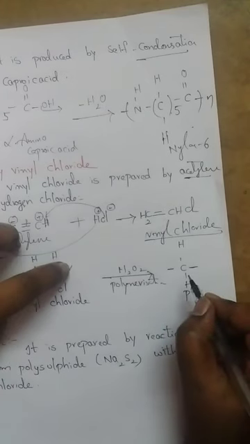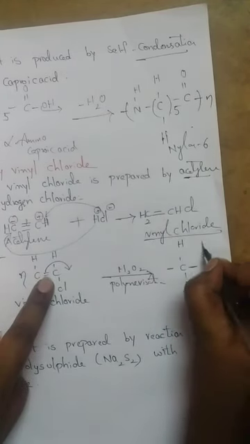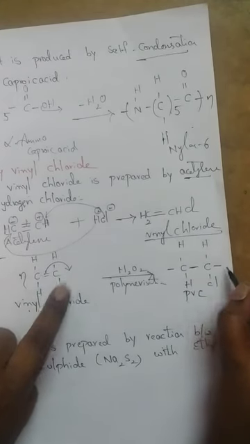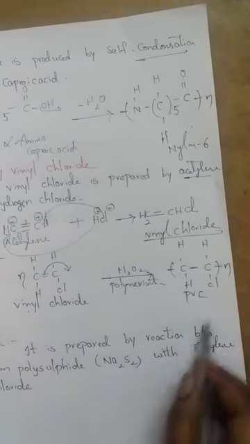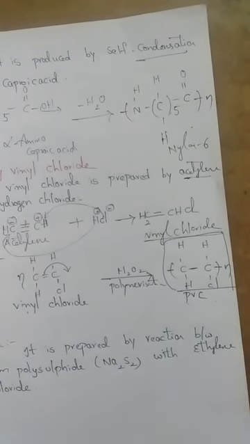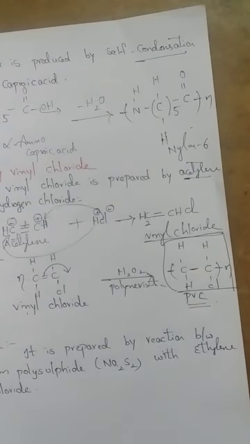Why? Because out of the double bond, a single bond is shifted, so single bond C, bond H, bond C, here the bond shifted to here, and n. This is the structure of polyvinyl chloride. So that's why it is called PVC. So that's about the PVC.